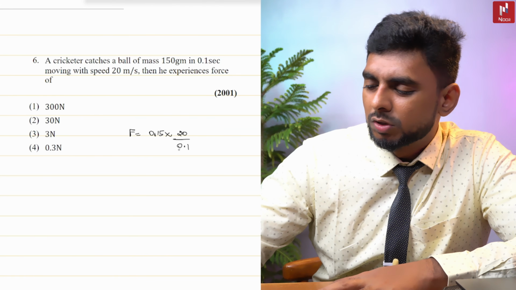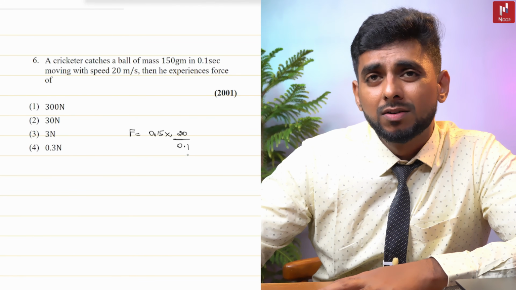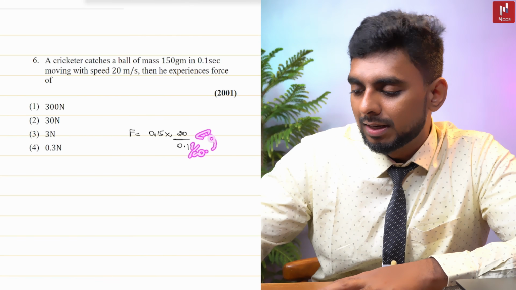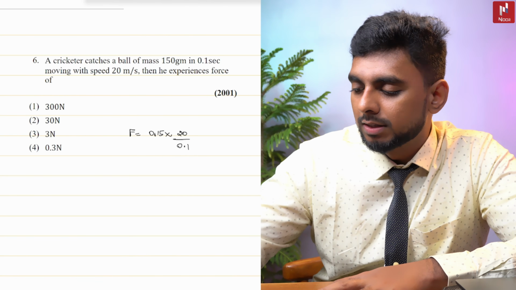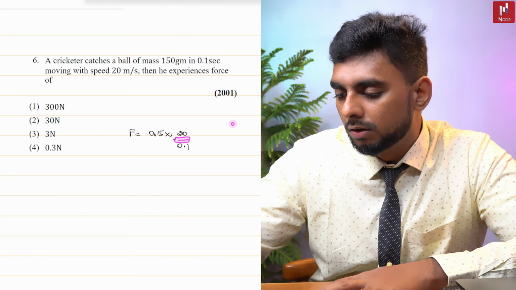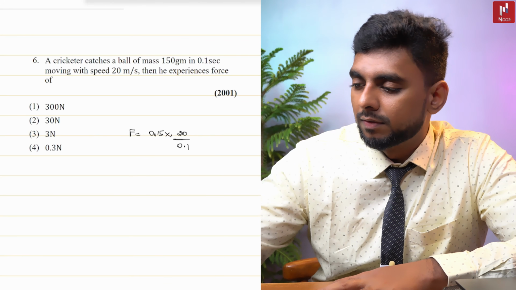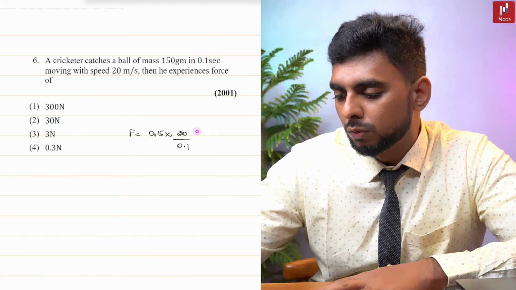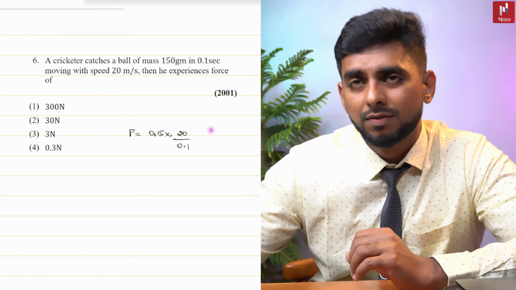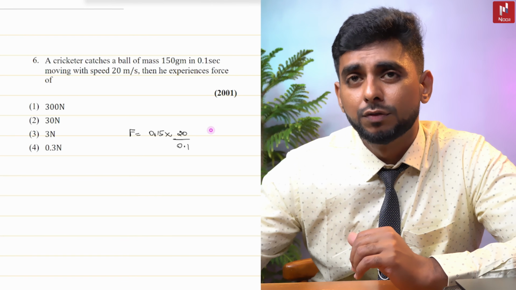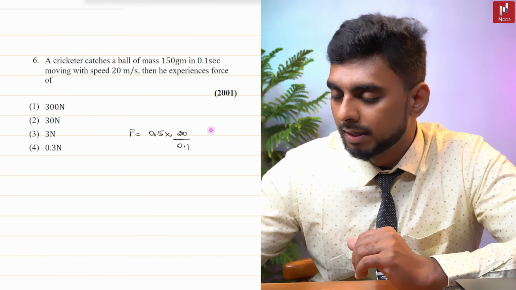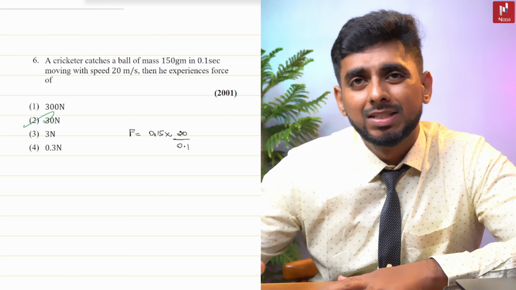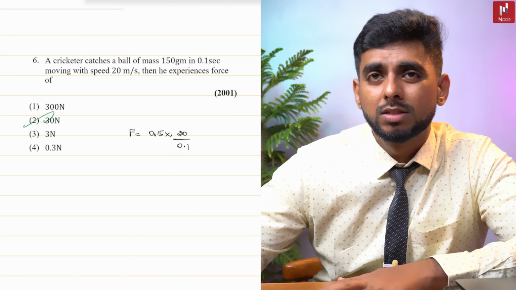If I do the solving step, 20 divided by 0.1 is 1 by 10 multiplied into the numerator, so you'll have 200 in the numerator. 200 times 0.15 will be 2 into 15, if I move the decimal places, which is 30, right? So the answer here is option 2. This is a simple sum, you shouldn't have any doubt. Let's move to the next one.